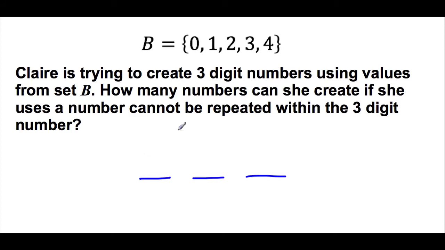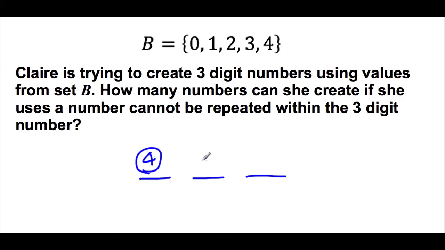No, actually it's not 5 numbers that are possible in the first spot, but rather 4. Can you think of why? Yeah, in fact, 0 is not possible on the first spot, because if you have 0, 1, 2, then it will no longer be a 3-digit number, but rather a 2-digit number, 12. So 0 cannot be in the first spot, therefore we only have 4 choices.